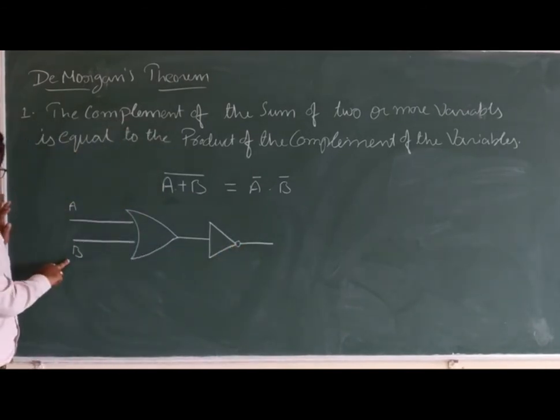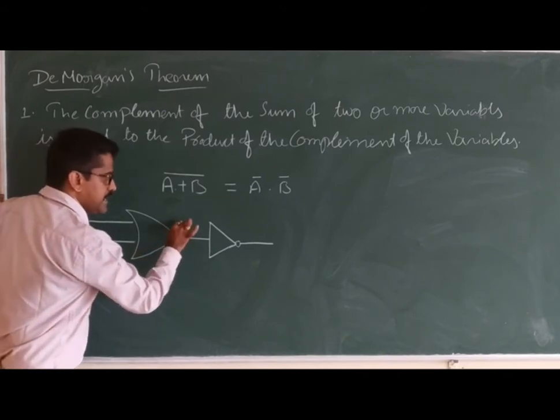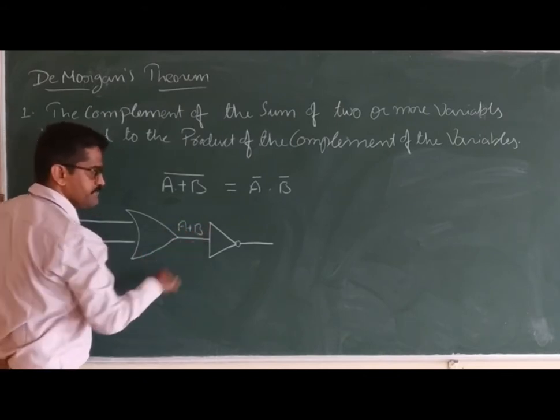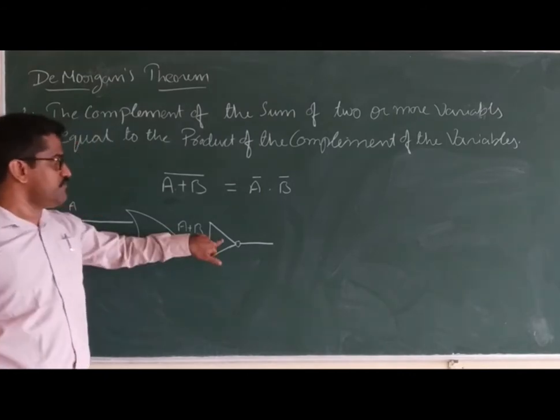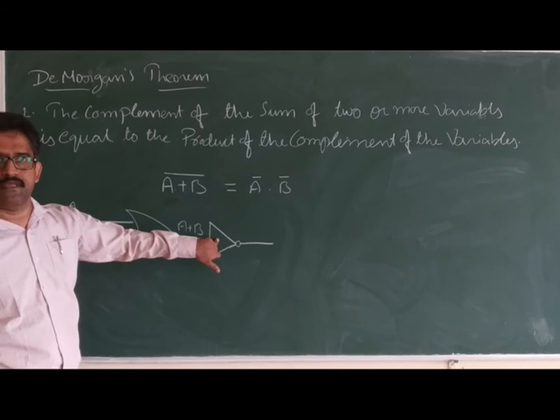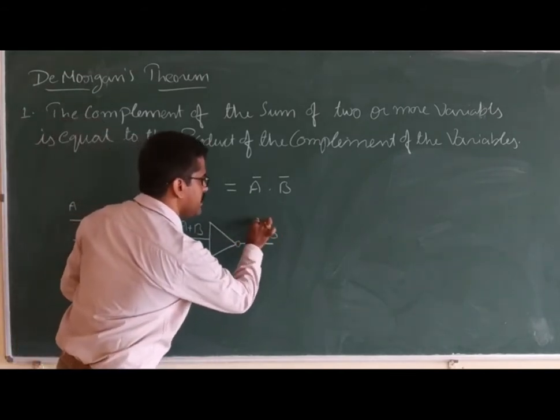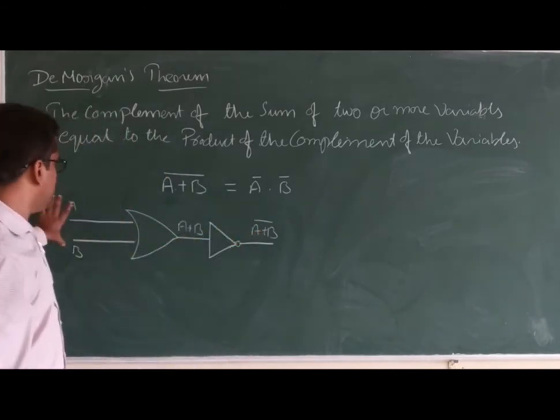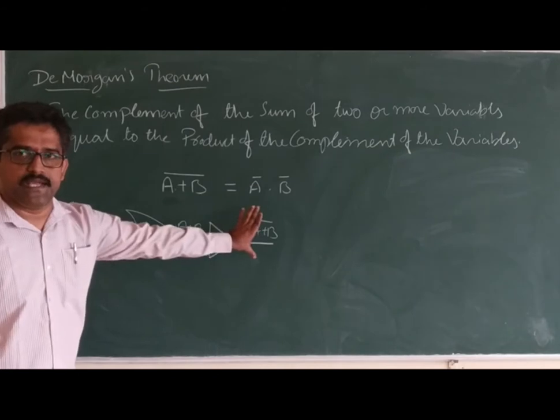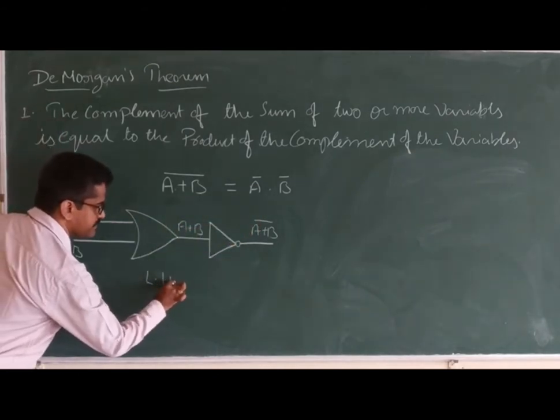A and B are the inputs of the OR gate. The output is given as A plus B. Now this A plus B will act as the input of the NOT gate. Now the output is A plus B whole complement. This is the output of this complete gate. Let us consider it to be the LHS.